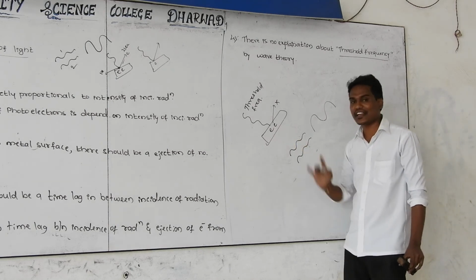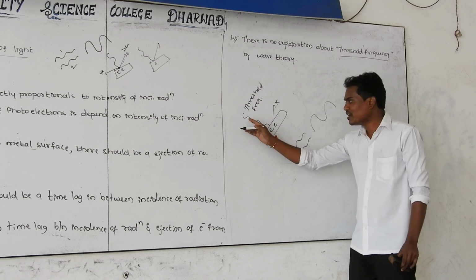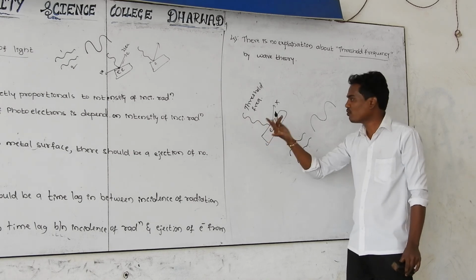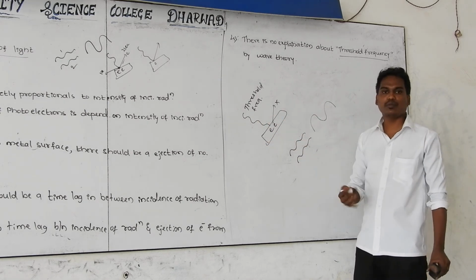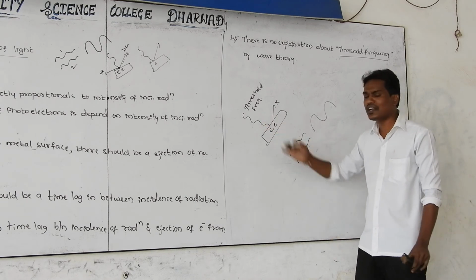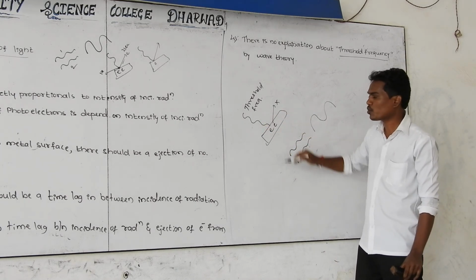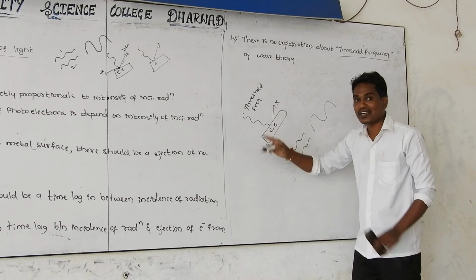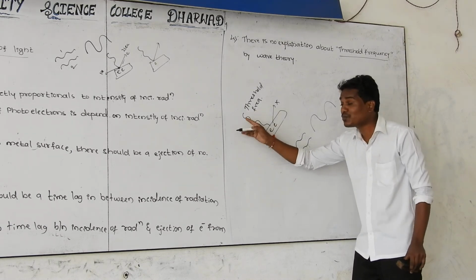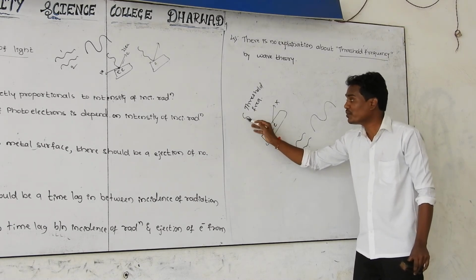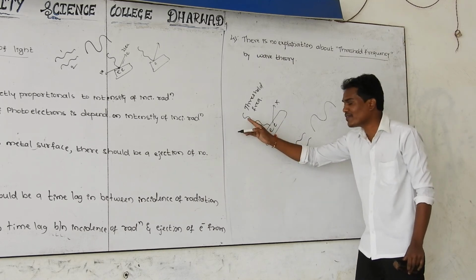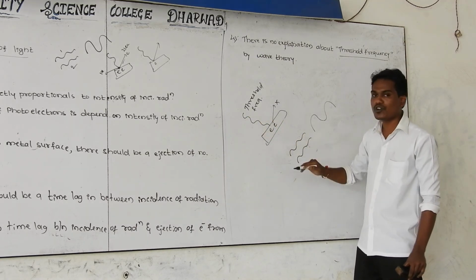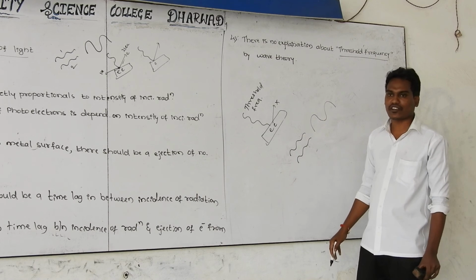But according to particle theory, if its frequency is very low, you do not get the electron out from the metal surface. There is no photoelectric effect. In order to produce a photoelectric effect, this light must have a minimum, suitable frequency. If its frequency is very low, it is impossible to take the electron from the metal surface.